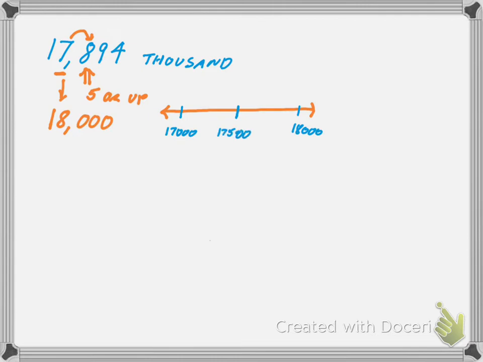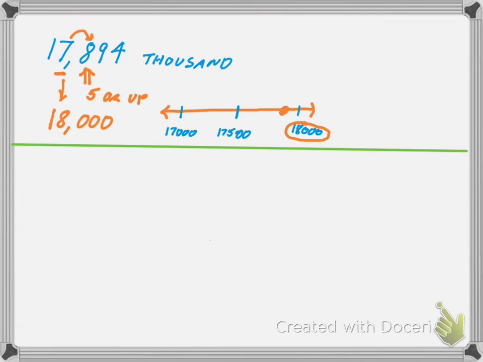Because 17,894 is way over here, we're going to choose 18,000 as the number we round to. So think of a number line, but also underline the place that you're trying to round to and look to the right. If the number to the right of the place is 5 or up, we bump it up. That's how we round to the nearest thousand.